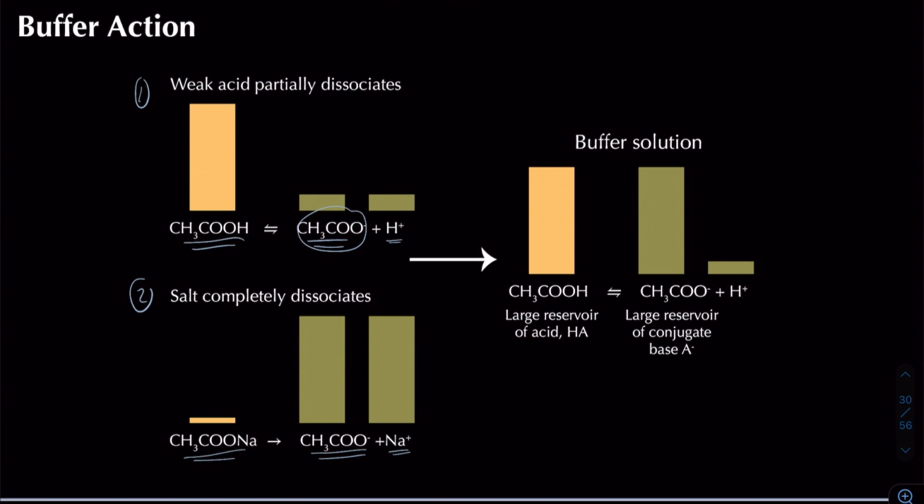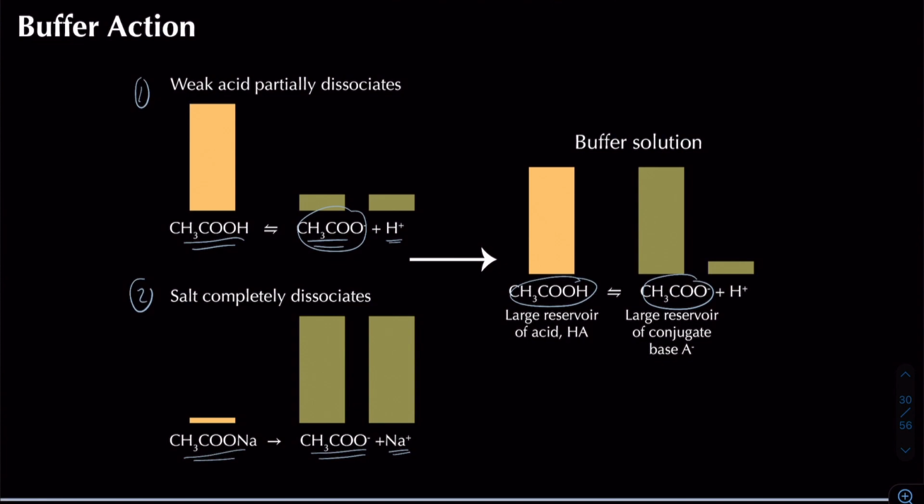Now if that's the case, we know we've got a large reservoir of ethanoic acid, and then we have a very large reservoir of conjugate base A-, which in this case is going to be ethanoate ions. So in that case, we have now formed a buffer solution by mixing our two solutions of a weak acid and a salt together.